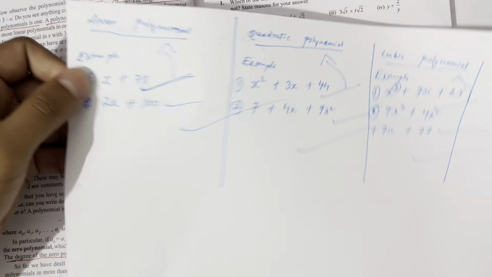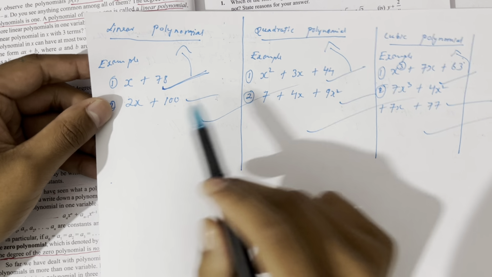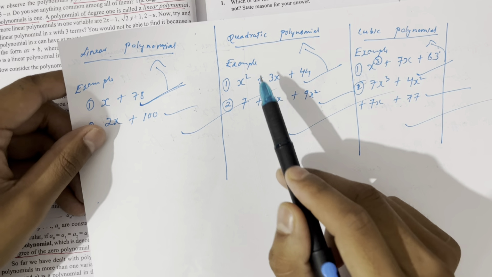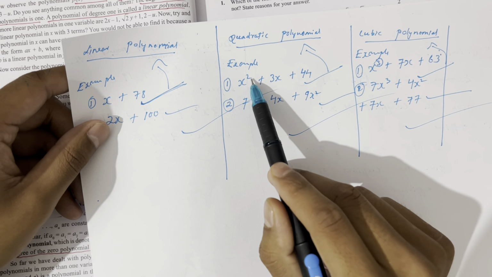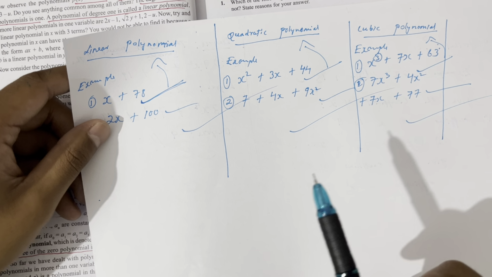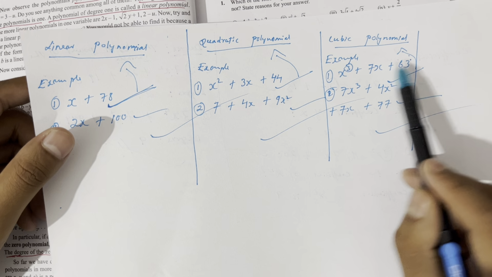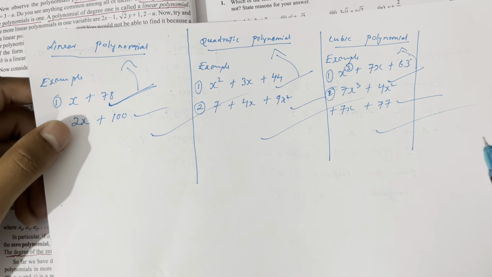Linear means power 1 in the variable. Quadratic means the highest power in the variable is 2. Cubic means the highest power in the variable is 3. Clear now?